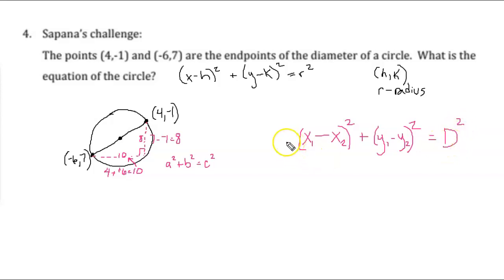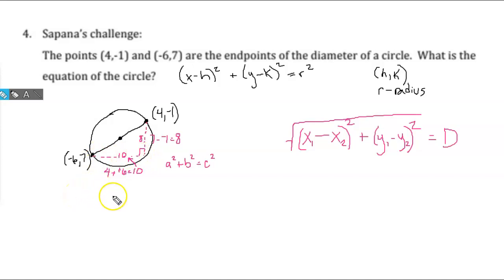But if I just want the distance, I have to take the square root of both sides to get rid of the square. And so that's how we get the distance formula. So here is your actual formula, your distance formula. But if you ever forget it, just remember it is the Pythagorean theorem. We're just doing a² + b² = c².